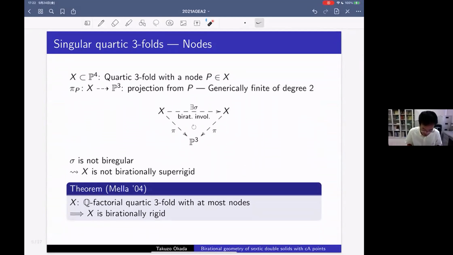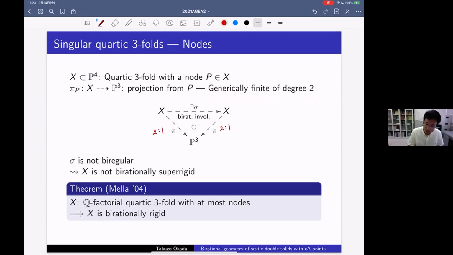First consider the simple singularity, nodes, ordinary double points. Let X be a quartic threefold with a node P, and let pi_P be the projection from the point P. It is generically finite of degree 2, so this is 2 to 1.